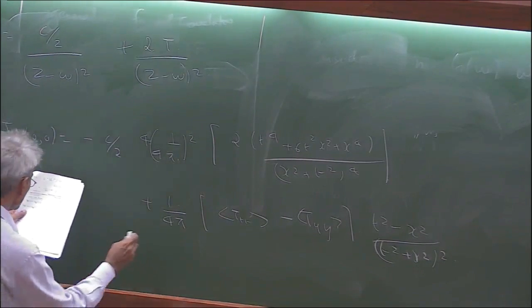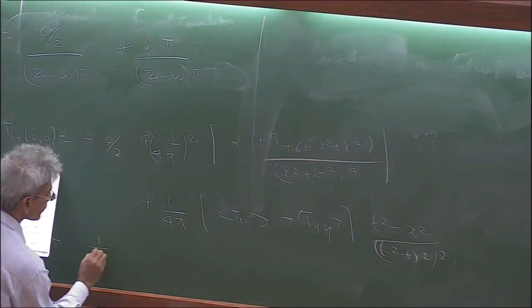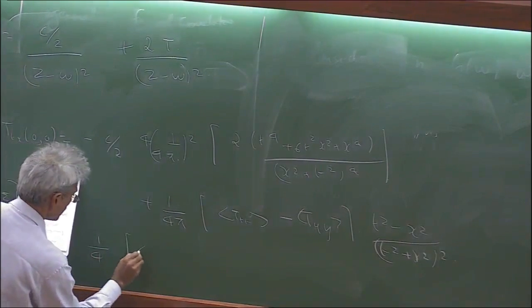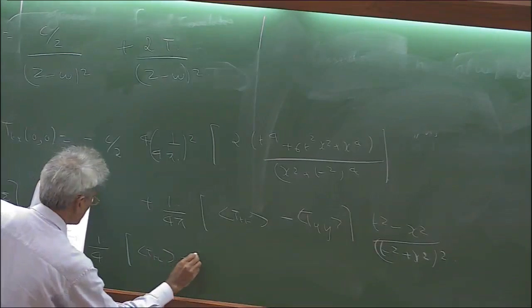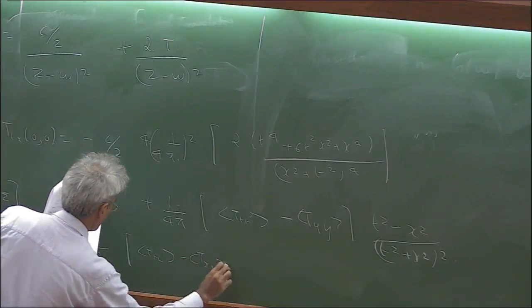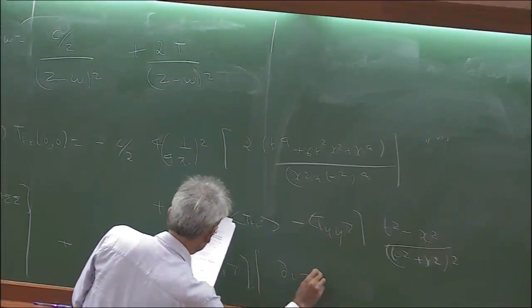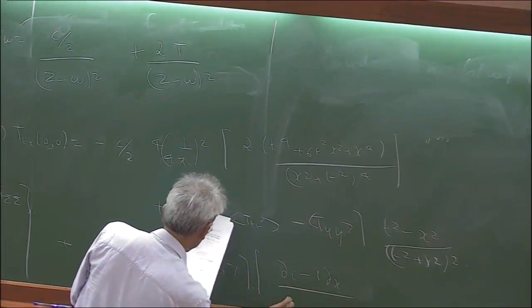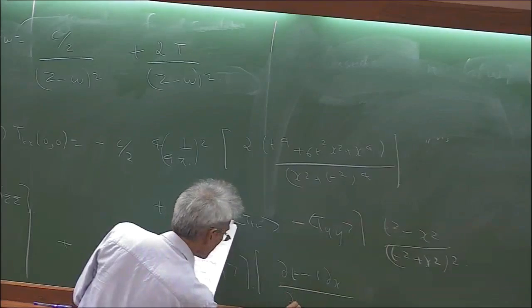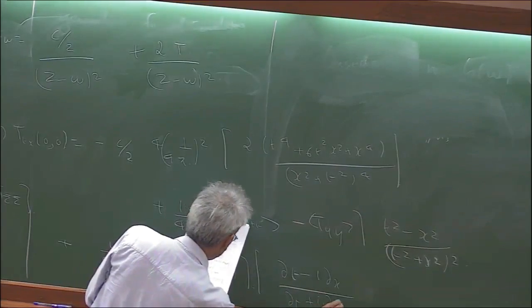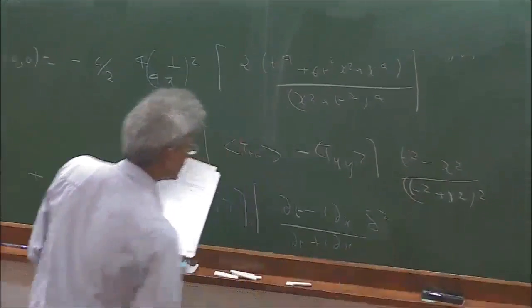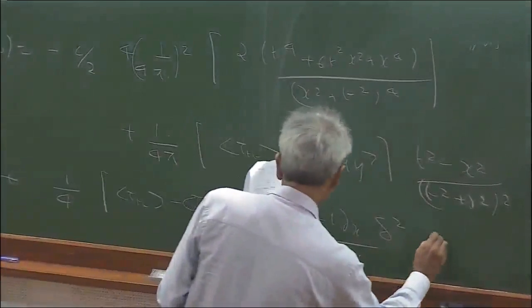So there is a term of this kind. It looks a little funny, but in Fourier space, they look nice. Del T, and there's a delta function, and the complex conjugate of that.